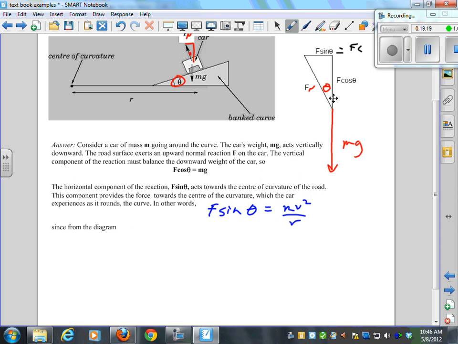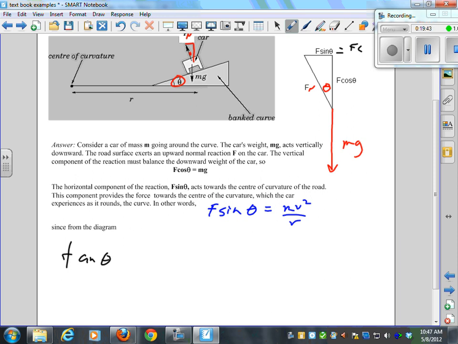How can I get them together so that my masses are going to cancel out? Well, here's one reason why you have to do all those identity proofs in pre-calc. Everybody knows that tan theta is equal to sine over cos. Do you know why?